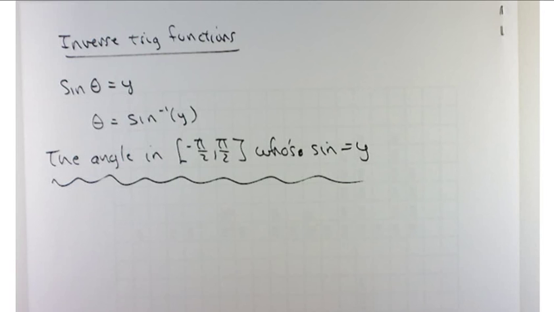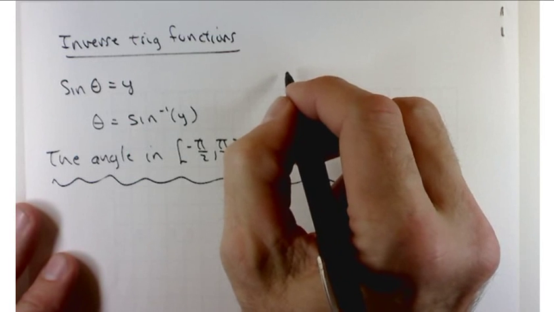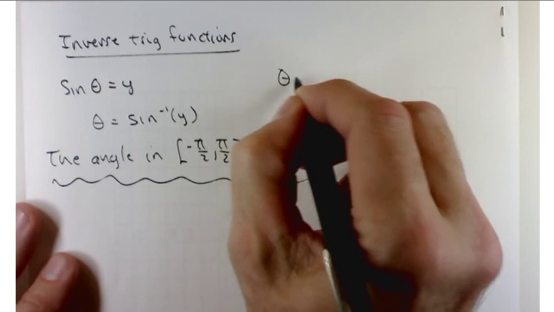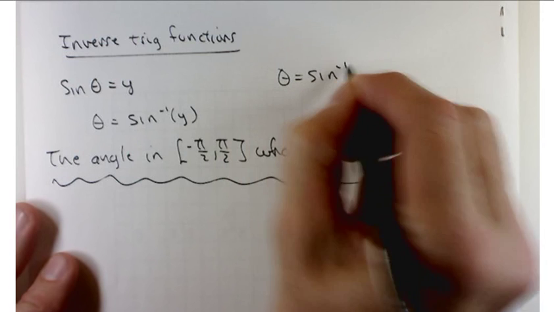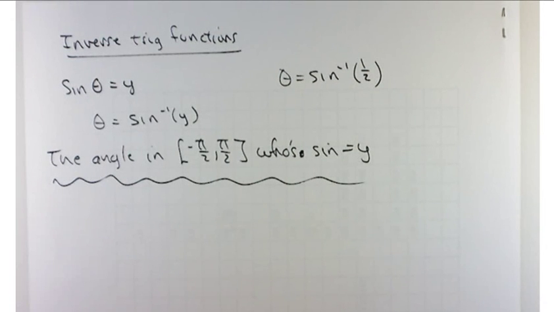Let me give you a quick example of this before I do the cosine. So theta could be the sine inverse of 1/2. So what this is, it's the angle whose sine is 1/2.